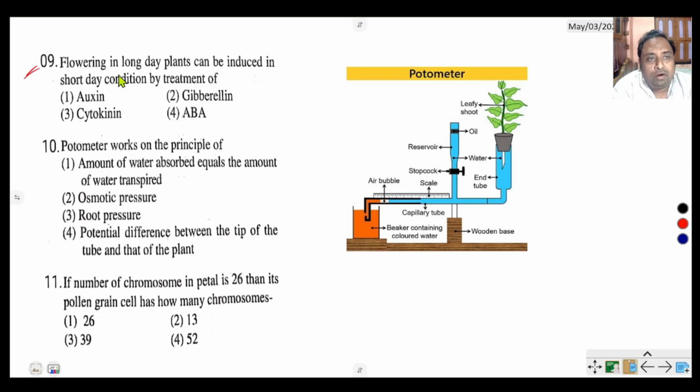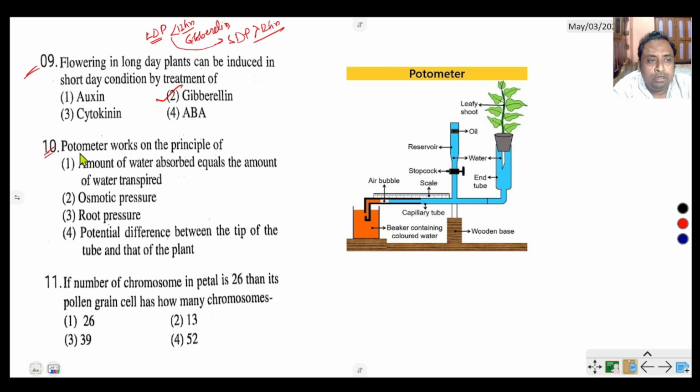Question number 9. Flowering in long day plants can be induced in short day condition. Suppose a long day plant needs more than 12 hours of sunlight for flowering. If it has to flower in short day conditions, where plants flower below 12 hours, then this plant also requires gibberellin. Gibberellin hormone helps long day plants to flower in short day condition.